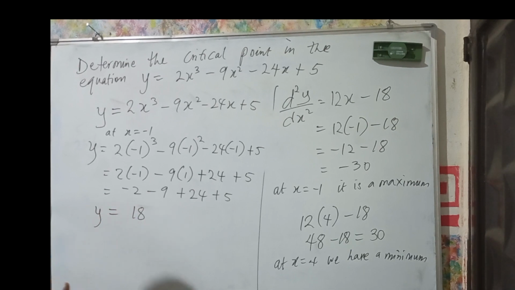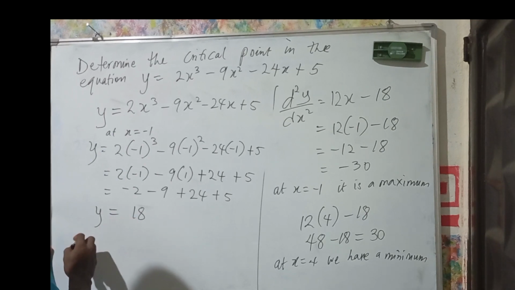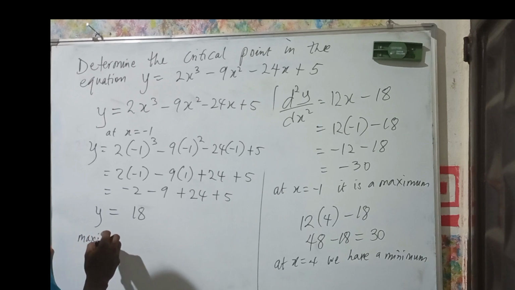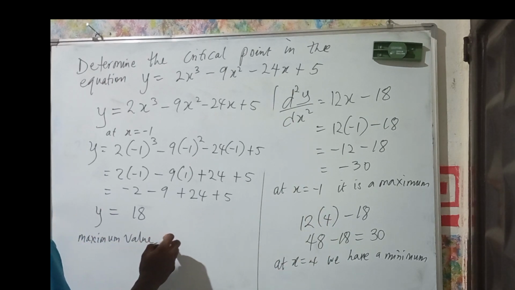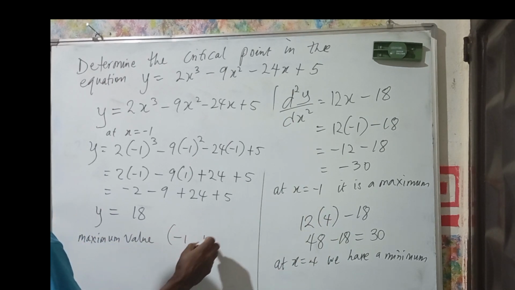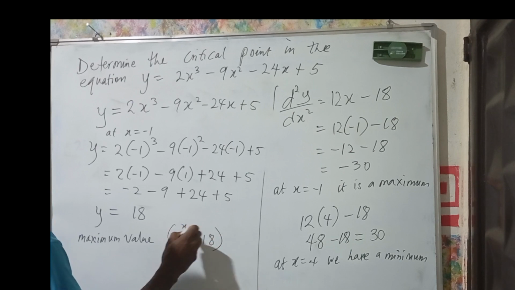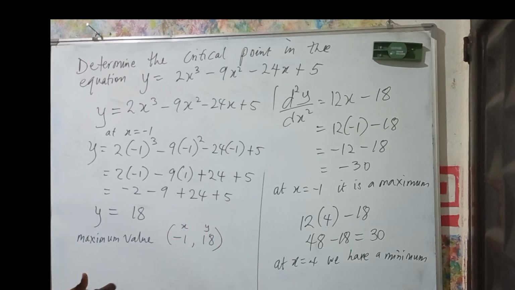So the value of y that corresponds with minus 1 is 18. So I can write it down that the maximum value is at minus 1 comma 18, where this is our x value and this is our y value.